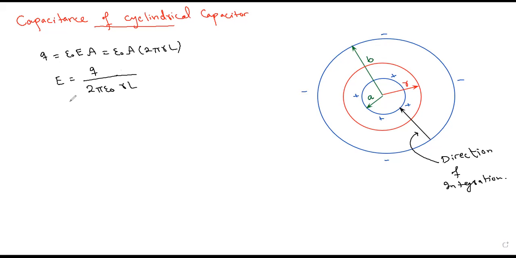So once we have calculated the electric field, we can easily compute the potential. Potential is written as minus the integral of E ds.